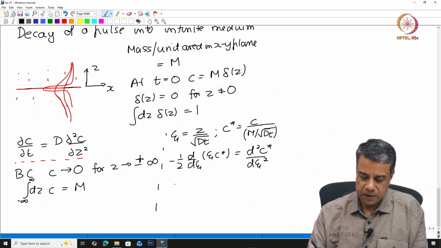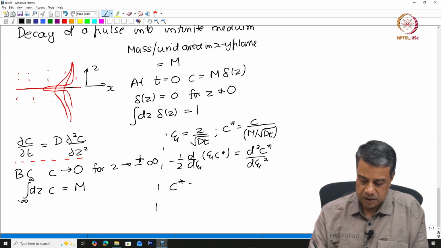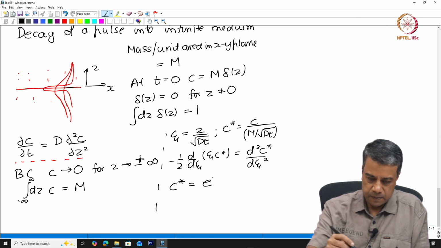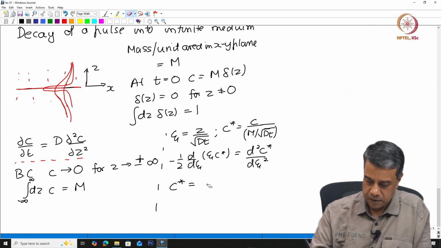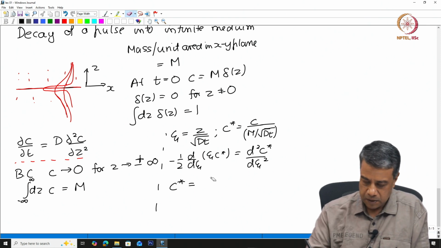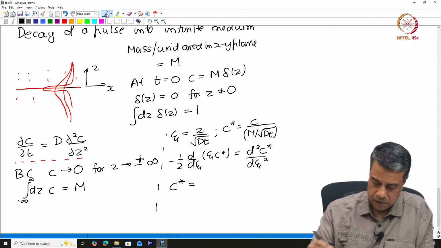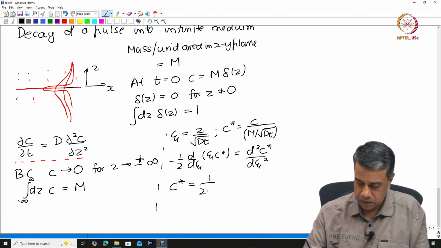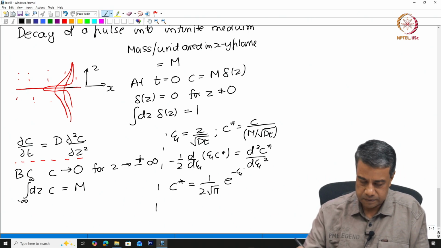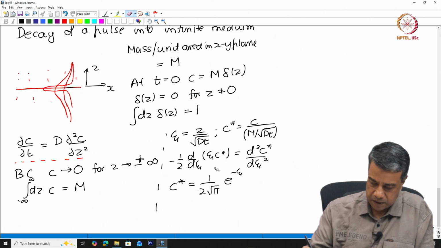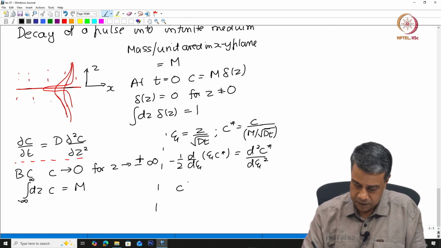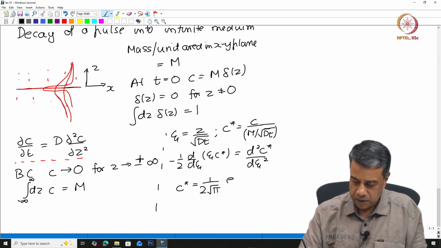I had solved this equation to get c star is equal to 1 by 2 root pi e power minus psi square by 4.